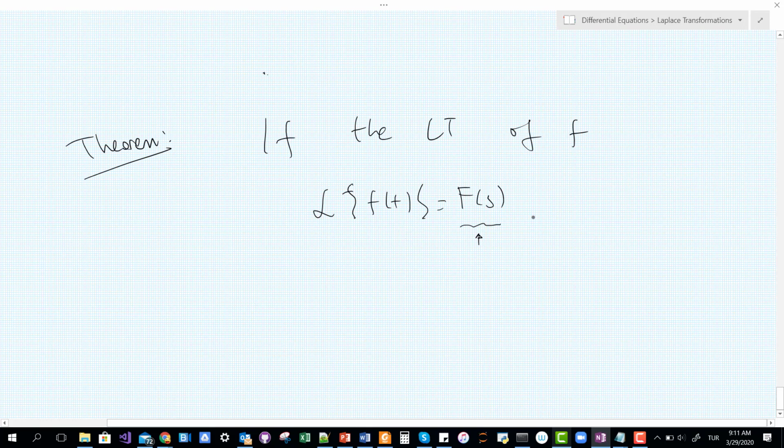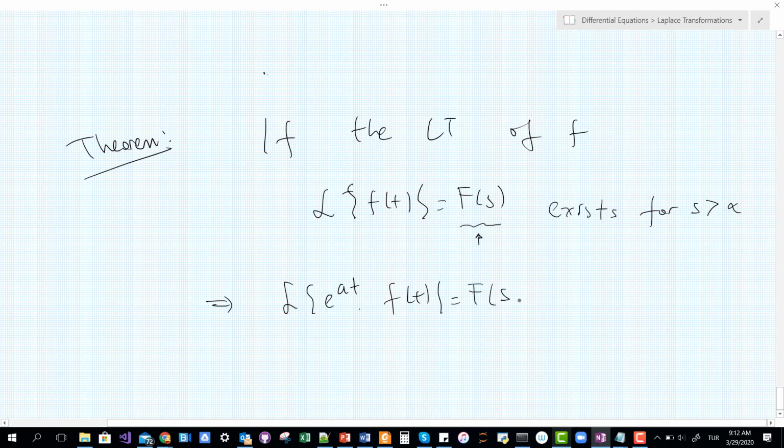What it says is, I know this Laplace exists for s bigger than alpha. Then the Laplace of e to the at times my function: I know the Laplace of my f function, which is big F of s, but if I multiply my function by e to the at, that's all you need to do.